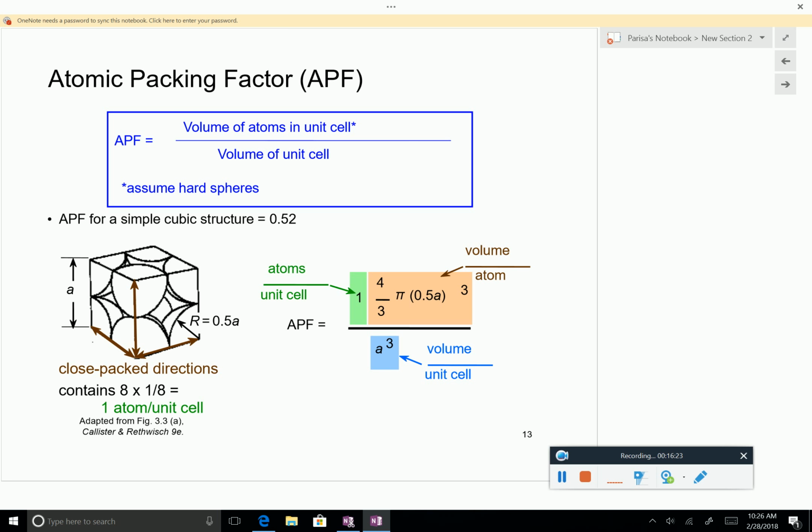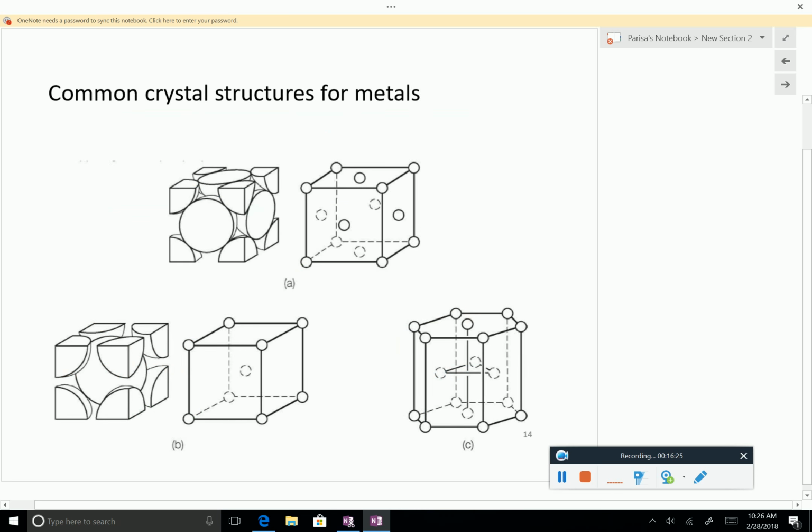Now we want to see about metals, because this is what we are interested in. We are engineers. We don't care about polonium. We want to see what is going on with the metals. It turns out that the metals that we care for typically have two types of macrostructure, and some others have the third one.